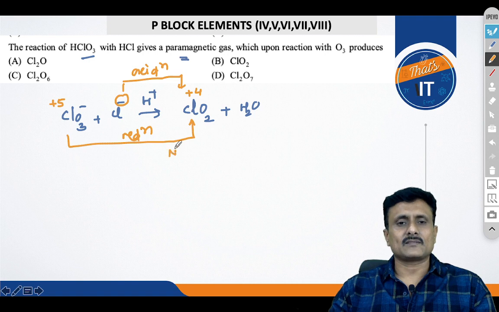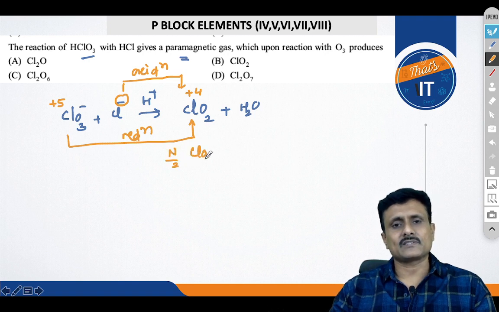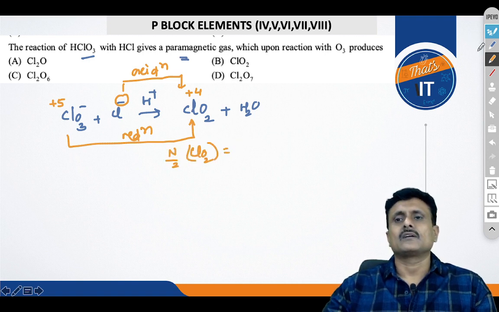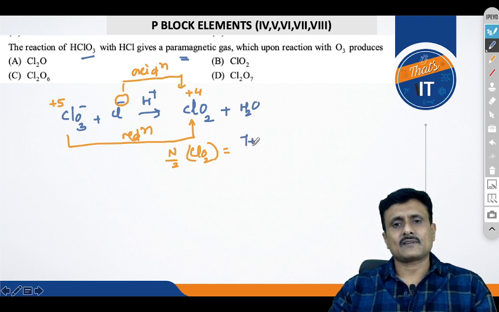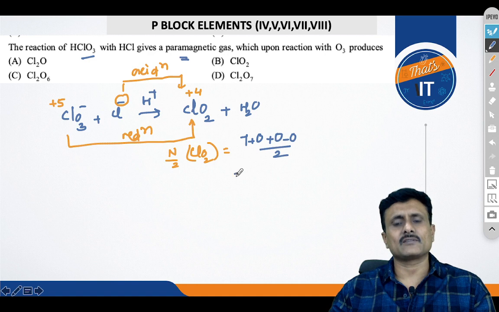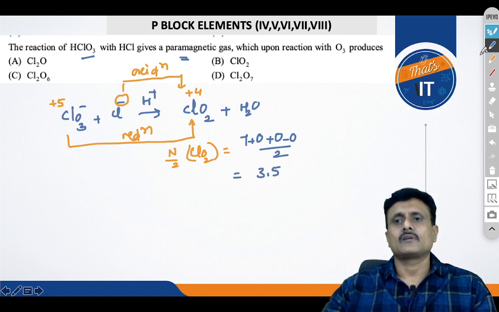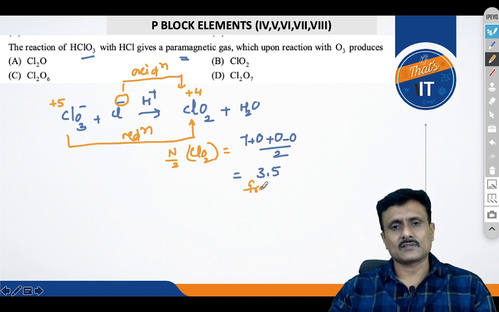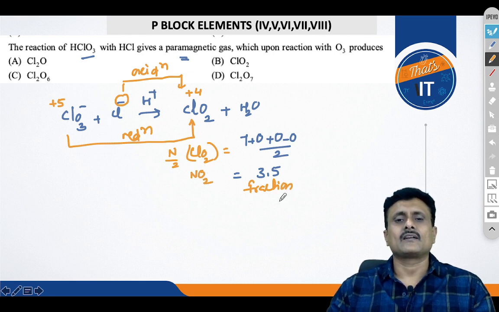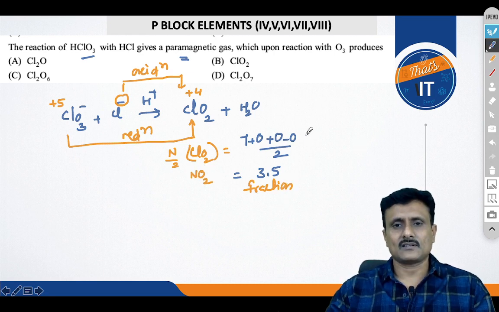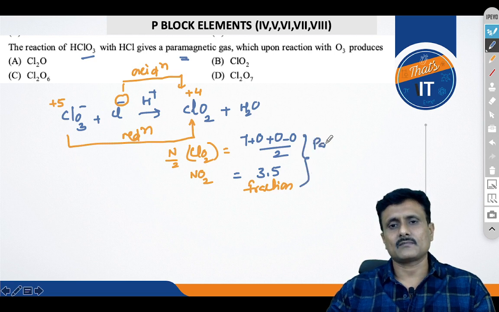How would I know that it is paramagnetic? You find out n by 2, which I have been repeatedly telling you. Valence electrons plus hydrogen 0, halogens attached 0, minus charge 0. Whenever you get a fractional value for these substances such as ClO2, NO2, etc., you have to consider them paramagnetic.